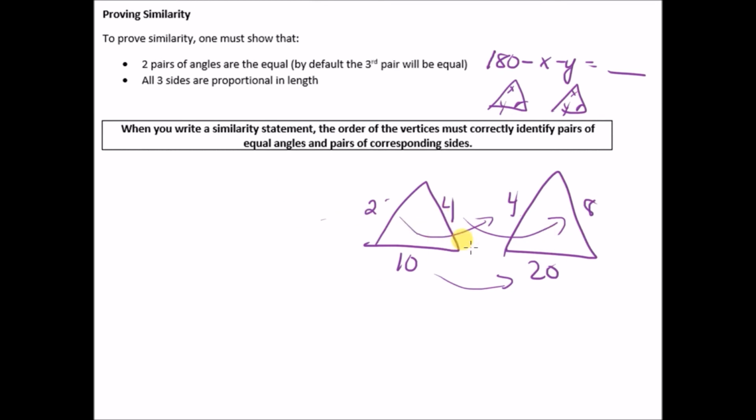By them being all proportional, there can only be one situation for the angles between the sides. And when you write a similarity statement, the order of the vertices must correctly identify pairs of equal angles and pairs of corresponding sides. So again, they have to be in order and they have to match up.